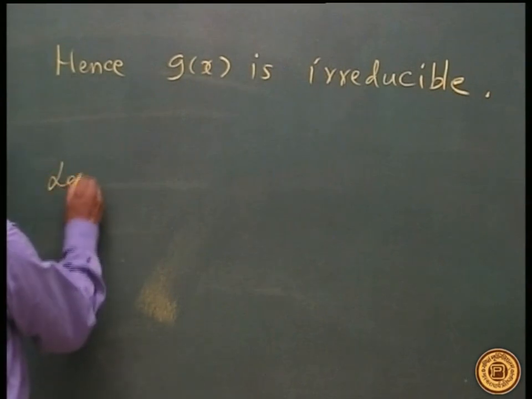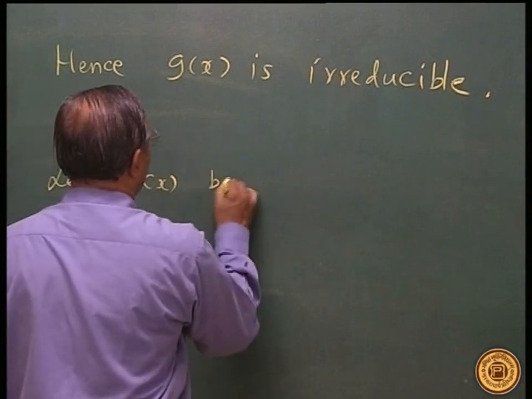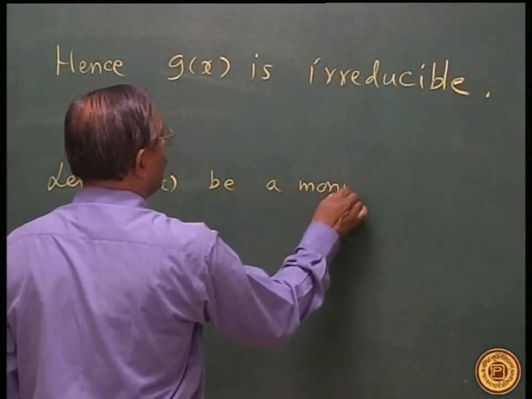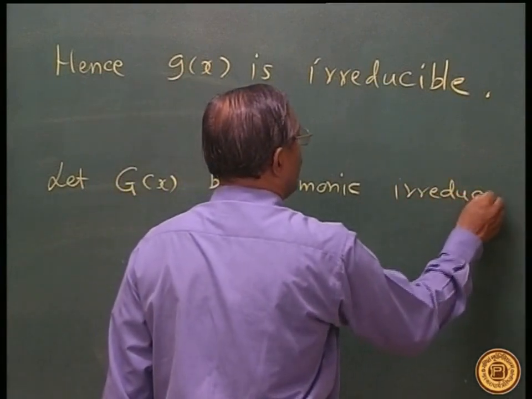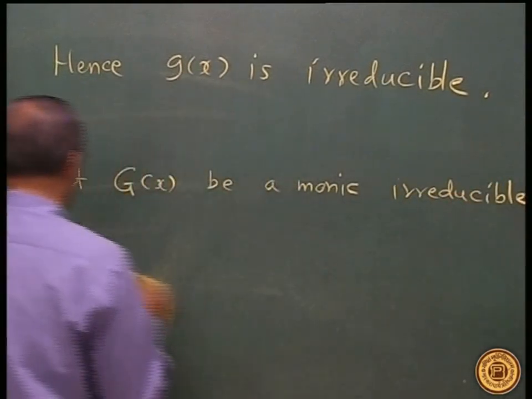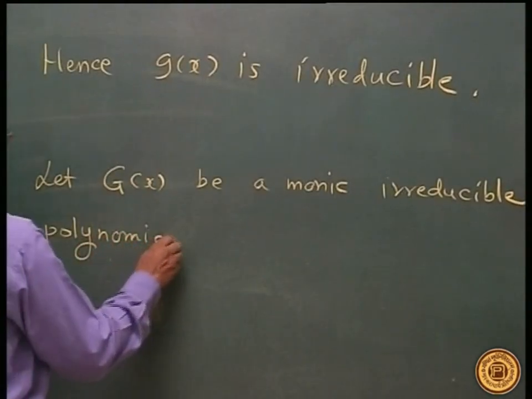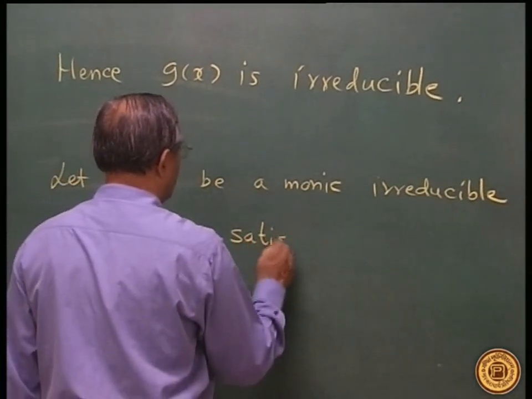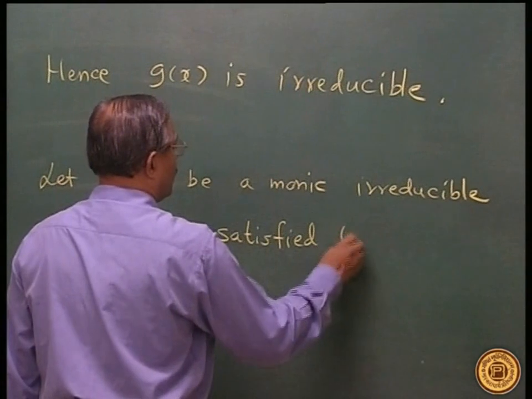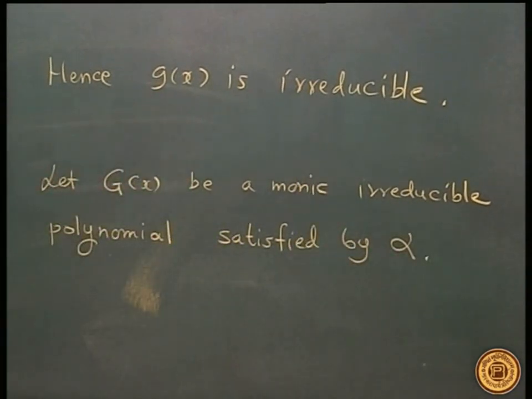So let G(x) be a monic irreducible polynomial satisfied by alpha.